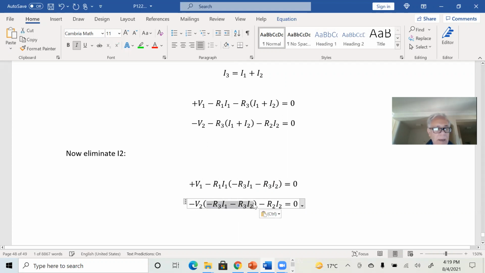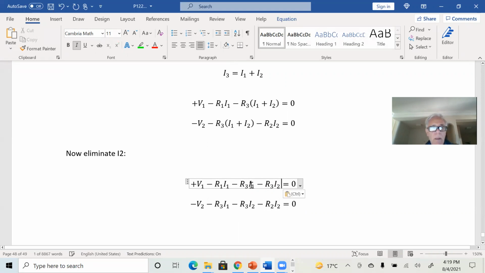I'm going to eliminate the parentheses. We do not need the parentheses, neither one. R3, okay, we have the same thing here. Hopefully I didn't make any mistake, right?